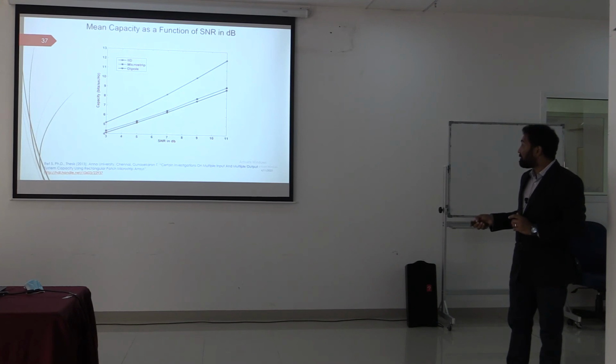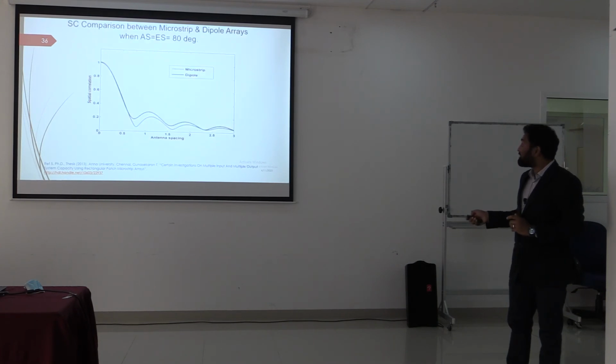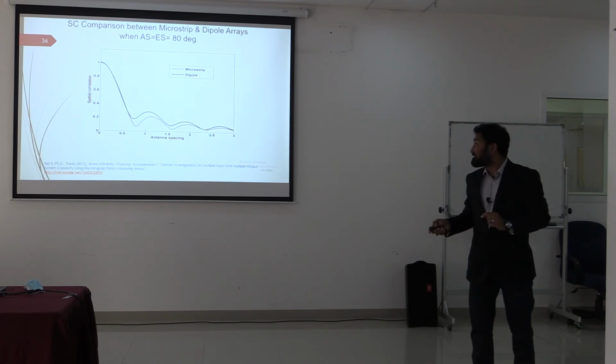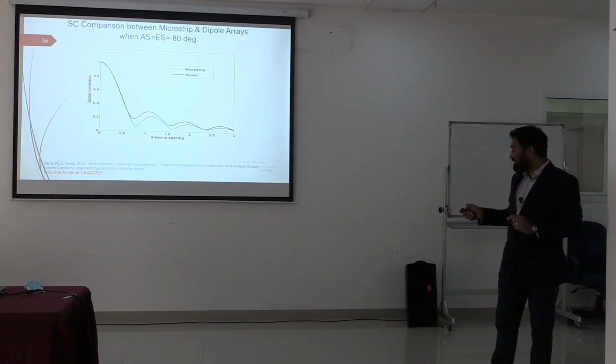The reason: when we select microstrip as the tool to implement the antenna with 0.75 lambda distance or 1 lambda distance, we need at least 12 mil thickness of the substrate material. So there is a lack of substrate material, so this particular research is still on paper. It is not implemented as a prototype.